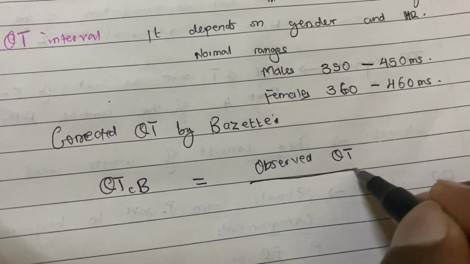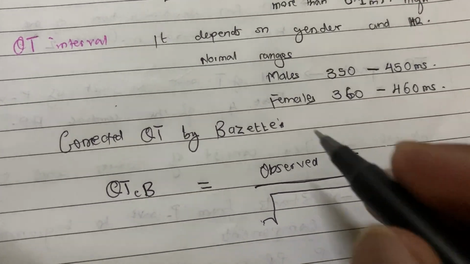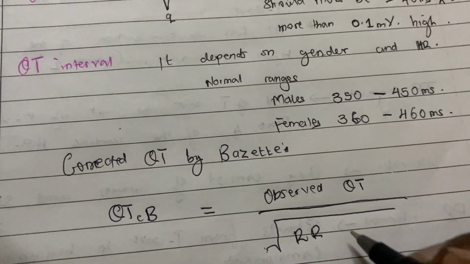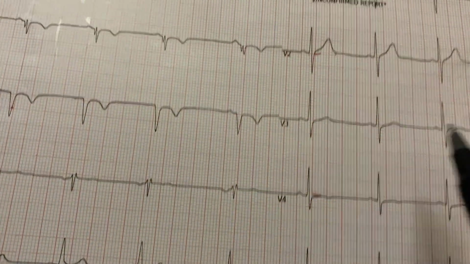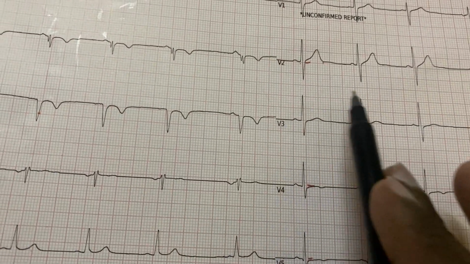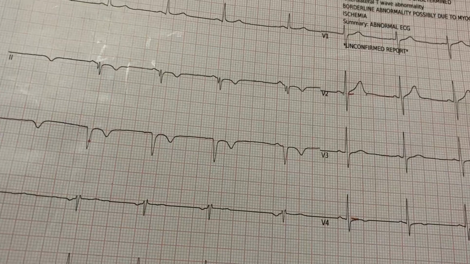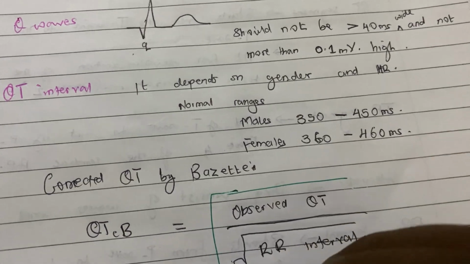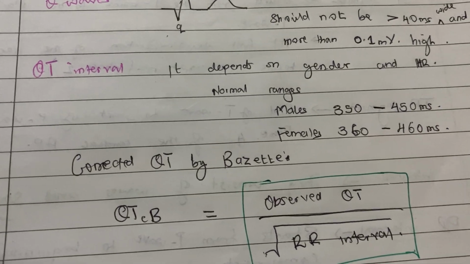Over, we divide everything by the square root of the RR interval. So you count how much is here. After finding the observed QT, find the RR interval, and then you put it in this formula. That is how we can calculate QTcB manually.